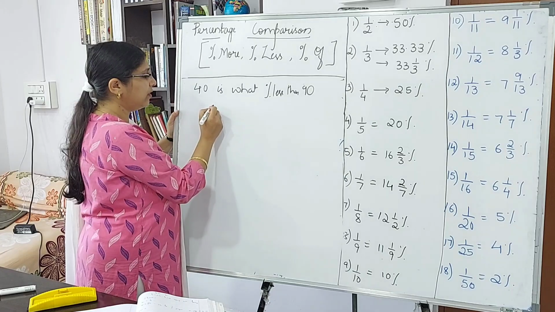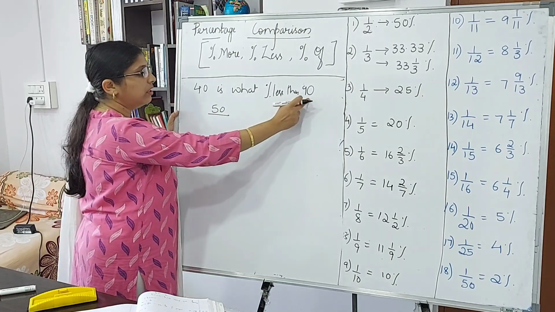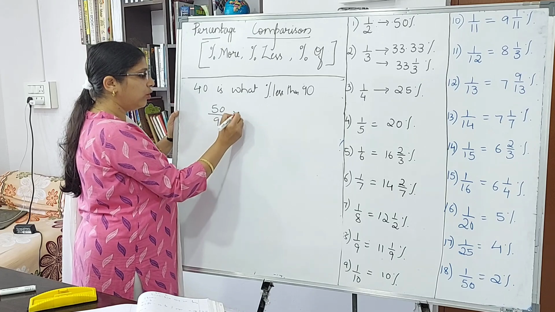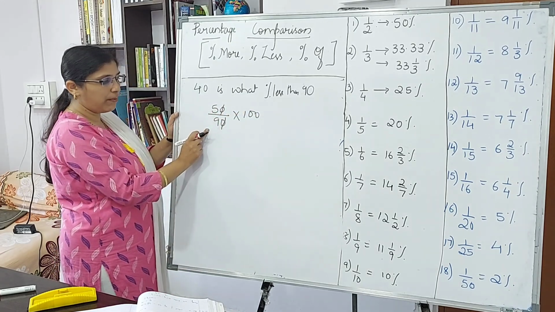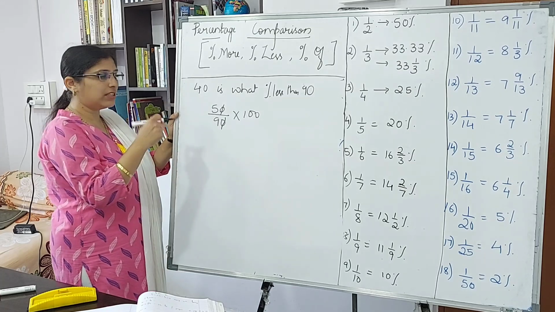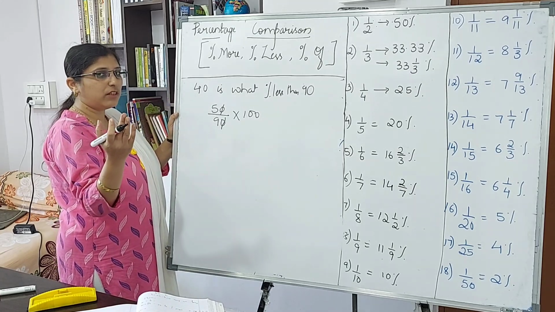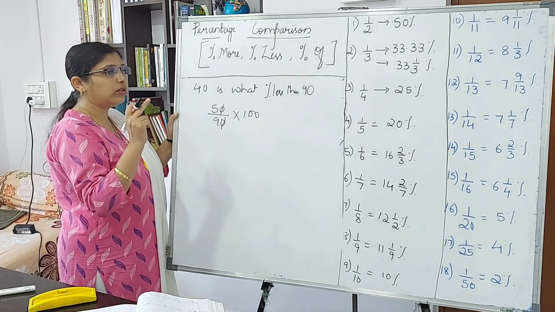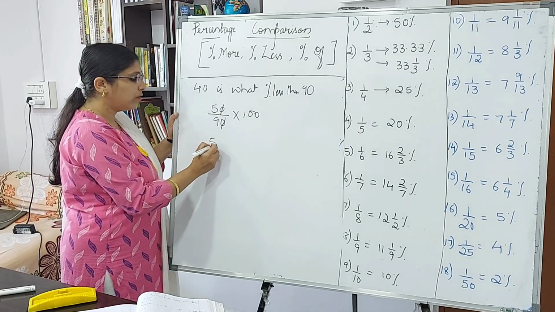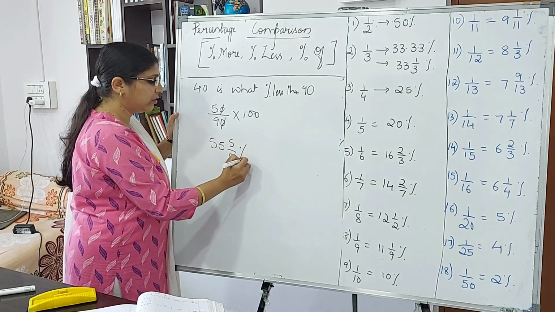The difference between 40 and 90 is 50, divided by, less means more should be in the denominator. More is 90, into 100. Okay, again 0 and 0 go, so it is 5 by 9. 5 by 9 means, same thing I told you, 1 by 9 multiplied 5 times. So multiply the RHS also. 1 by 9 is nothing but 11 1 by 9%. So directly multiply by 5. So it will be 55 5 by 9%.